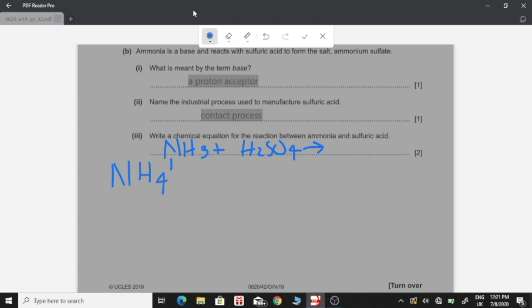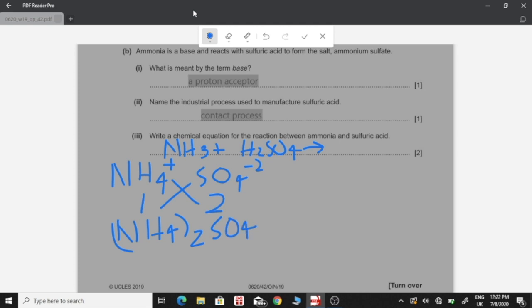We have the ammonium ion with a charge of +1 and the sulfate ion, so this is the sulfate ion over here, with a charge of -2. And writing the valency over here, we're going to have to cross these valencies with the ions. So this gives us 2 ammonium ions along with 1 sulfate ion.